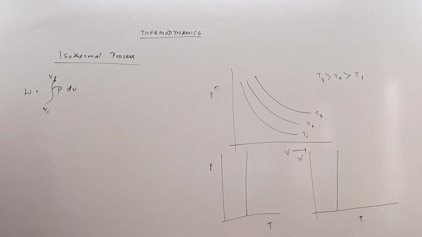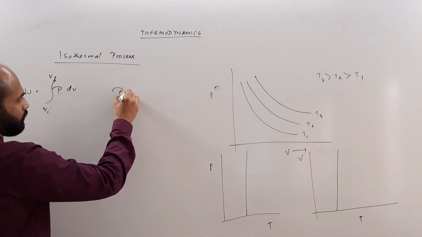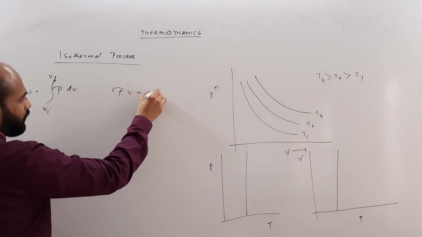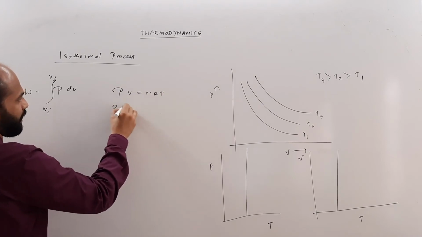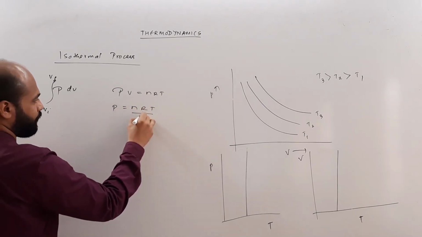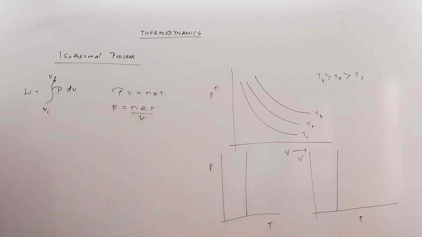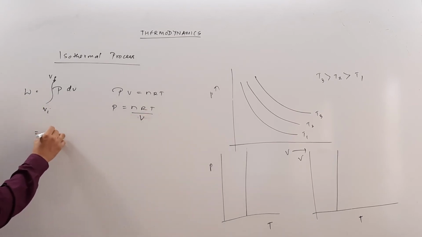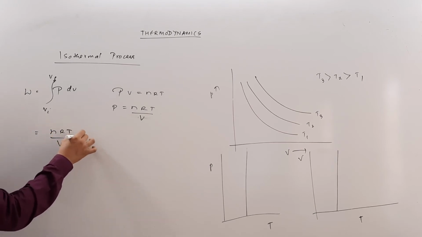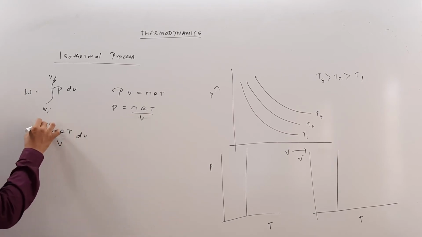But we know that pressure can be written in terms of volume, as PV equals nRT. So we can write pressure as nRT by V. Let's substitute this over here: nRT by V dV, from V initial to V final.